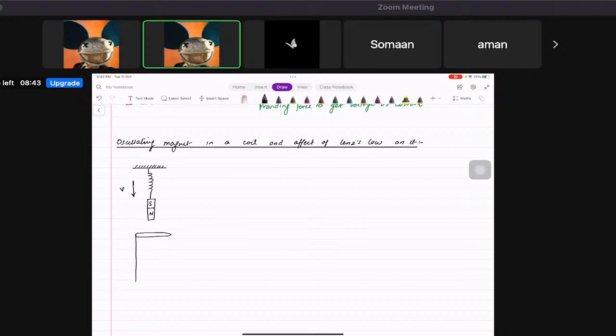It will move in and out of this particular cylinder, which is wrapped by a solenoid. Like this, and now we have an ammeter here, and we got basically a resistor connected to it, like that.